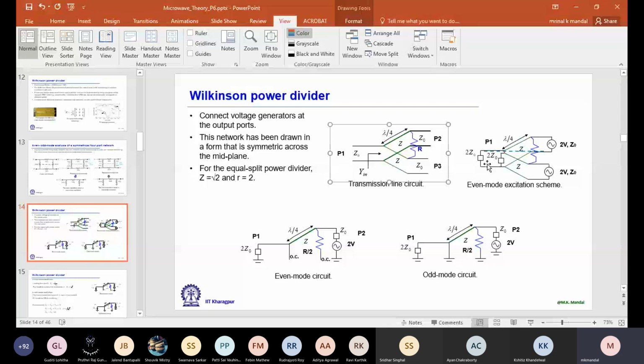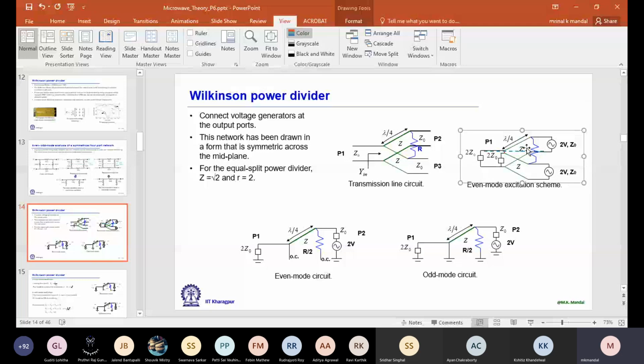This is the even mode excitation, and in the odd mode excitation one would be +2 volt and the other -2 volt, right? Along the symmetry plane, in even mode we can place an open circuit. In the odd mode, we can place a short circuit.